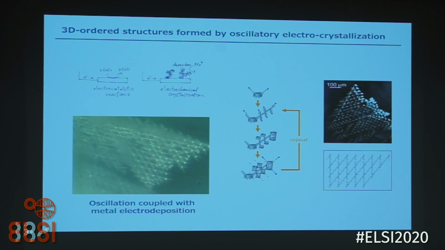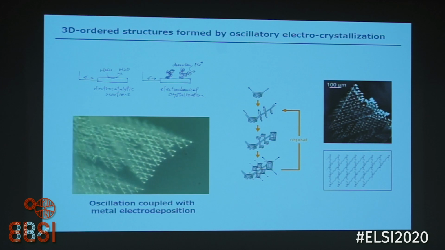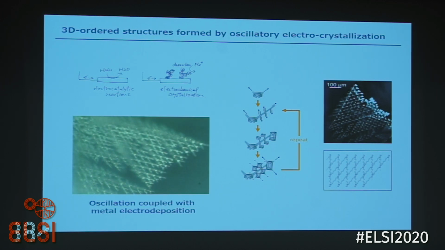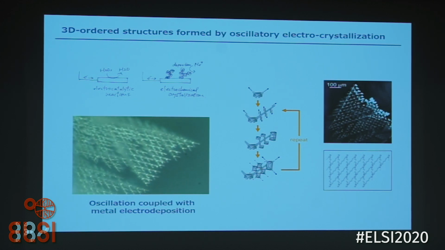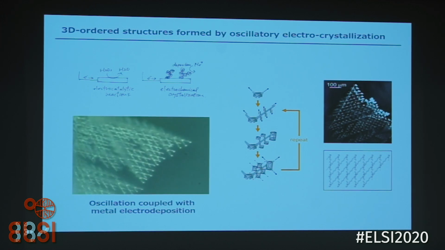And because of the periodic oscillating nature of the current, such a beautiful three-dimensional periodic structure is formed in a self-organization manner. Because this is a crystal, even after stopping the reaction, it's stable. We can get it.